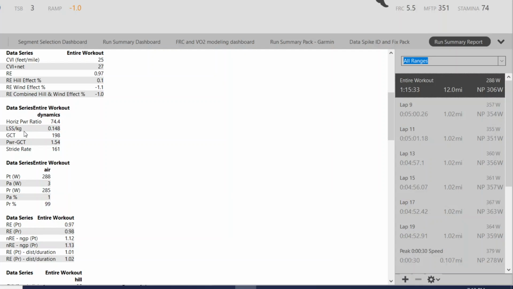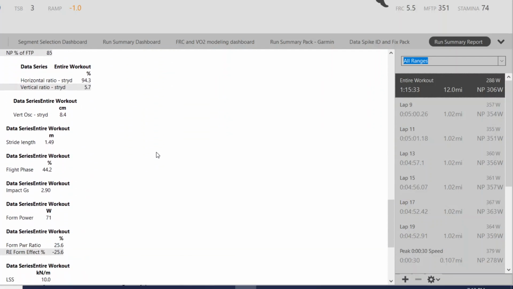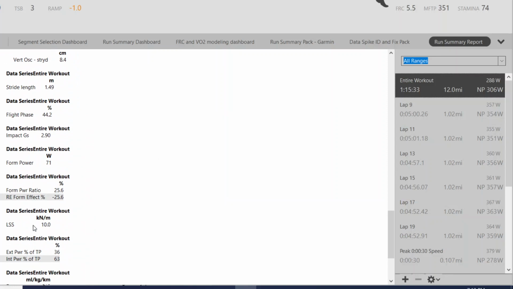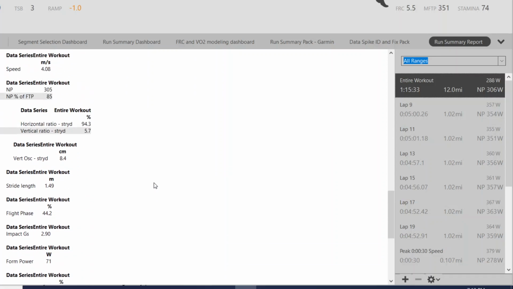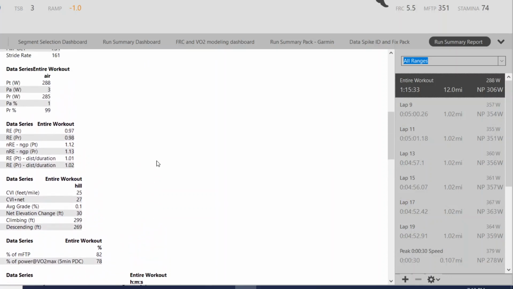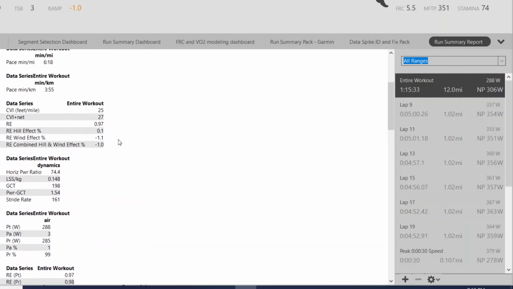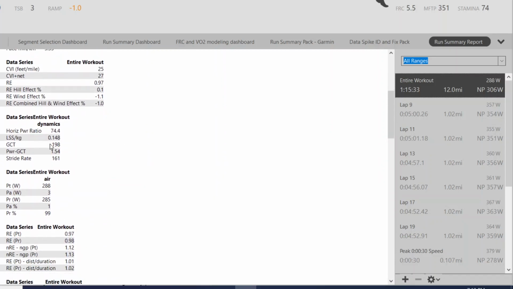Leg spring stiffness per kilogram. I don't look at leg spring stiffness. Guess where that is? That's buried way down here. I'm not even sure. There it is. There's the raw leg spring stiffness. I don't care. I'm dealing with athletes, multiple athletes, and because I'm dealing with multiple athletes, I need to have some relativity.